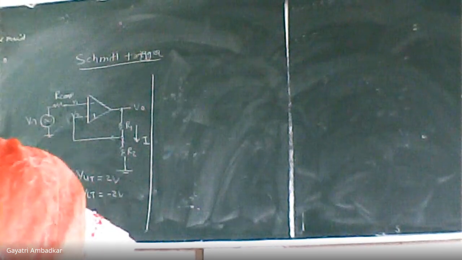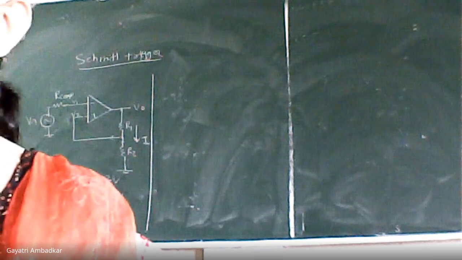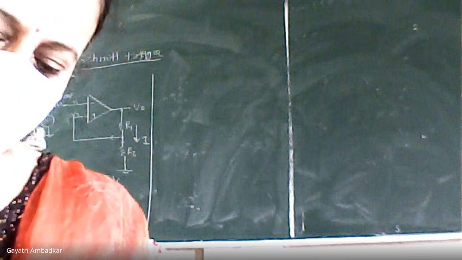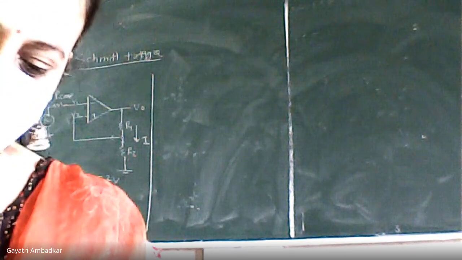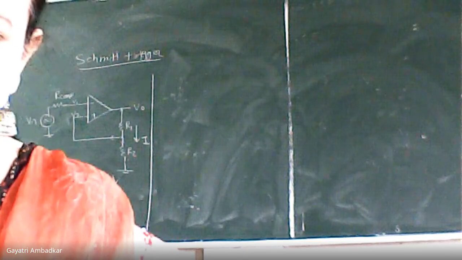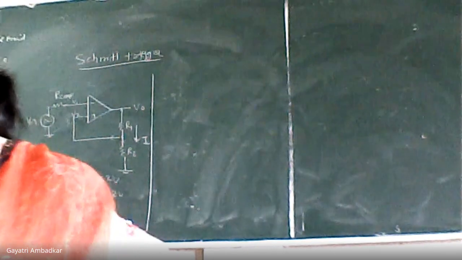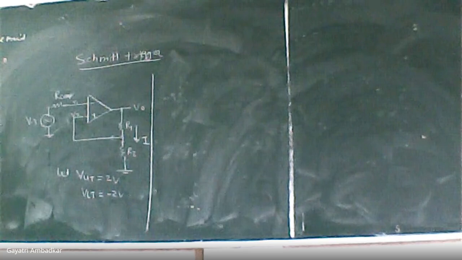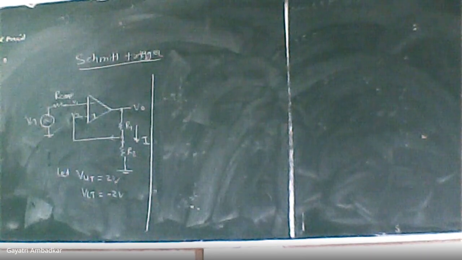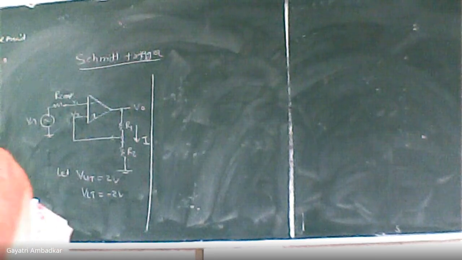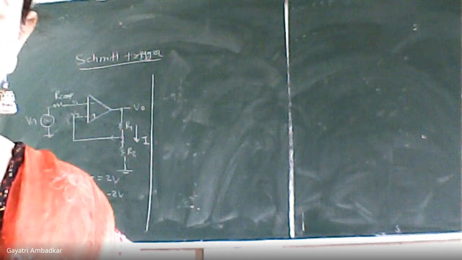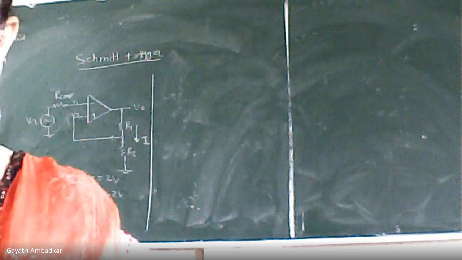Draw the output waveform when plus 10 volt peak to peak input sinusoidal waveform is applied. The supply voltage to the op-amp is plus minus 12 volt.